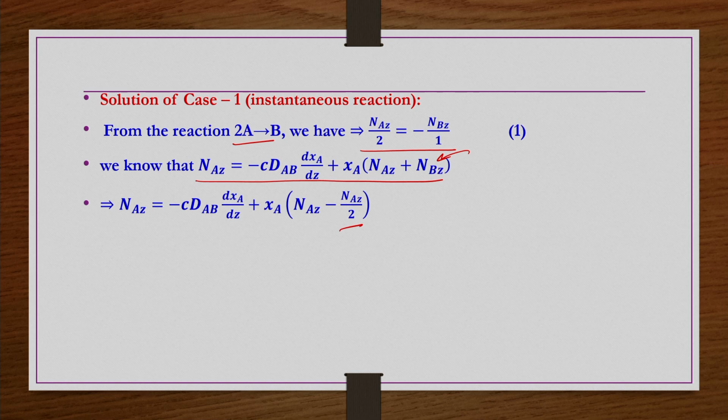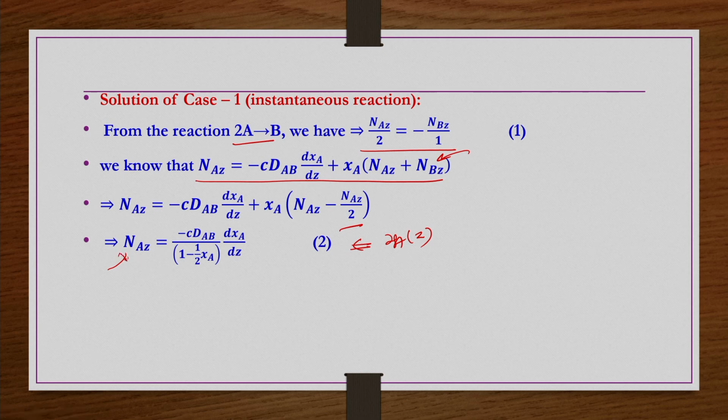Then you take all the NaZ terms to one side, then you have NaZ equals minus C DAB divided by 1 minus half Xa, times dXa by dZ. So, now if you have the expression for NaZ, you can find out what Xa is as a function of Z.